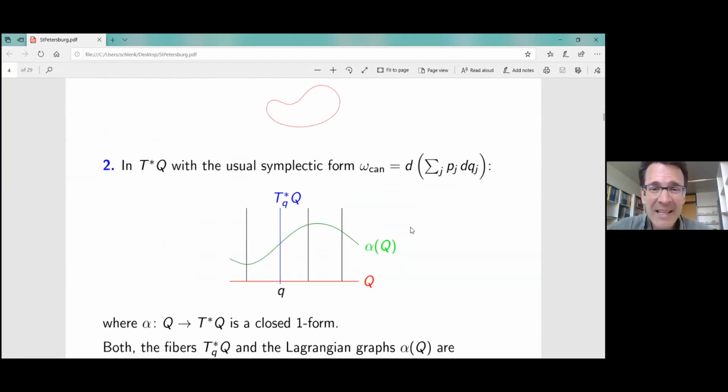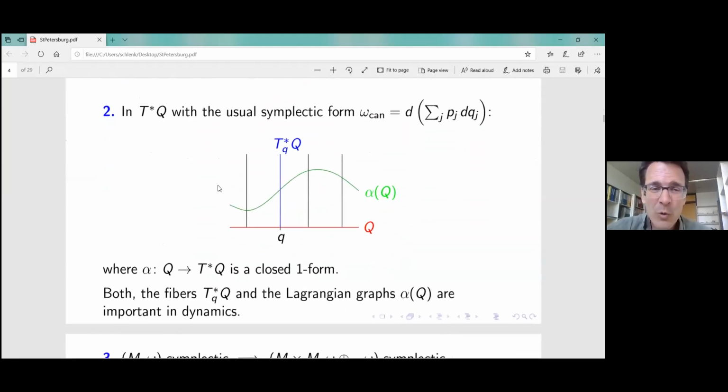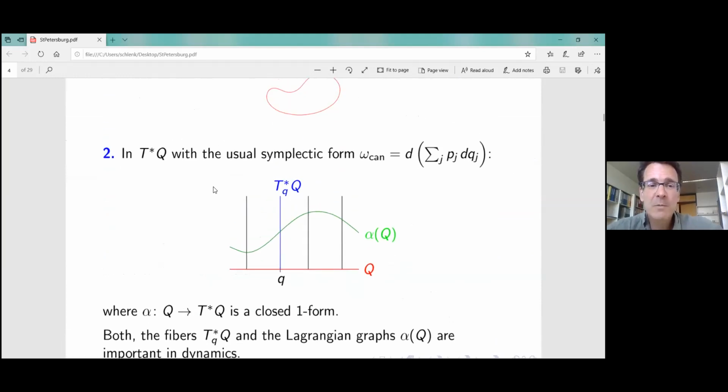And then the second example is also very easy. You take a smooth manifold Q and take the cotangent bundle with the usual symplectic form. So this is, of course, why they are important in physics.